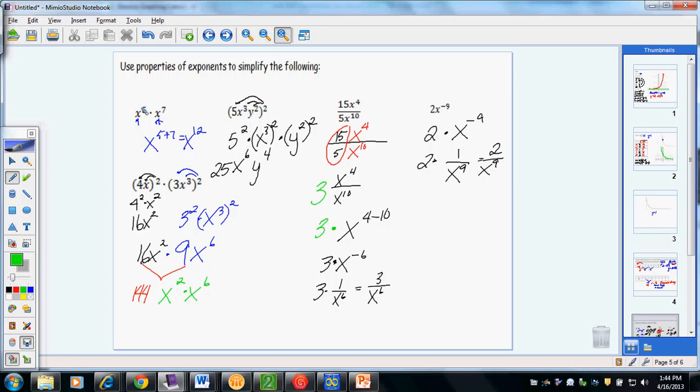And we notice that right here it tells us if I have the same bases and different exponents, I'll add them together. I still have this 144. So my answer would be 144x to the 8th.